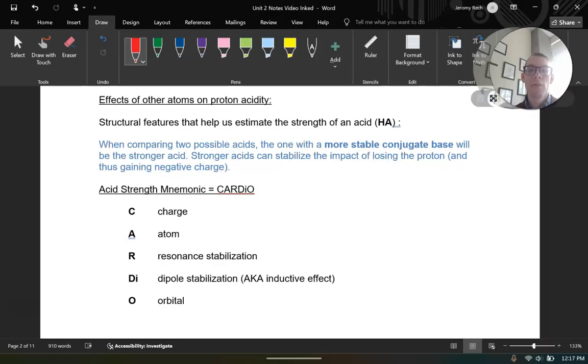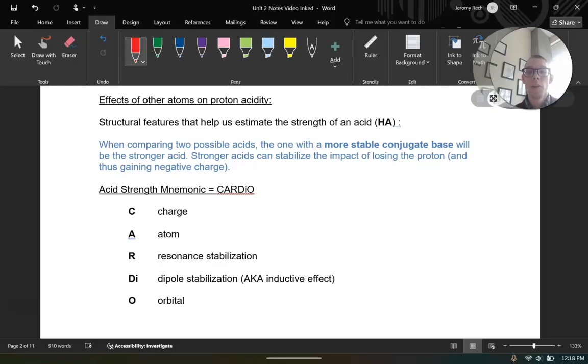If you remove a proton from your acid, you're going to form a conjugate base. The stability of that conjugate base is going to help us gauge how easy it is to remove that proton. If that resulting conjugate base is super stable, it doesn't mind losing that proton nearly as much. So that's going to be significantly more acidic.